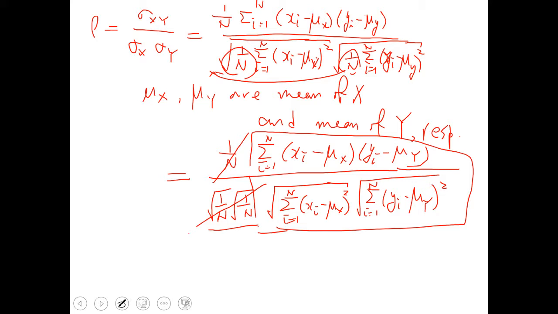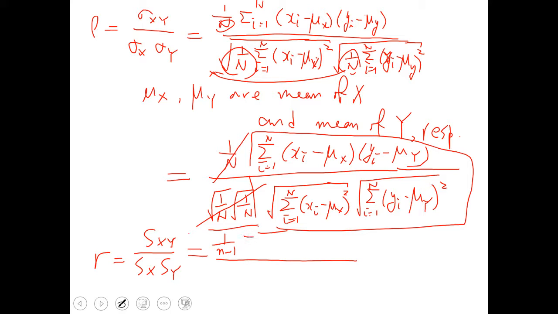For the same reason, the sample correlation coefficient R can be obtained by Sxy divided by SxSy. It is the same, but instead of n, we change it to n minus 1.